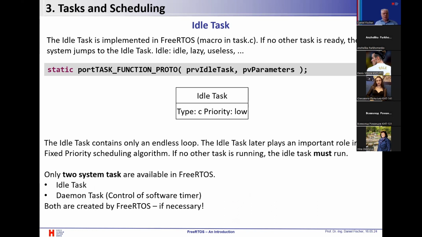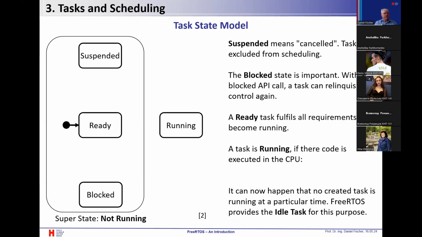Now we want to talk about a real application task. There we should know the task state model. Each task can be in two different states. Here you can see the beginning of a very important state chart. A task can be in the not running state, and the other state is running.